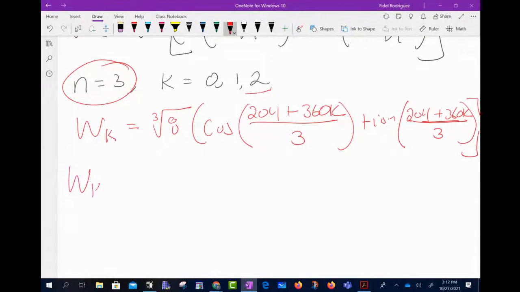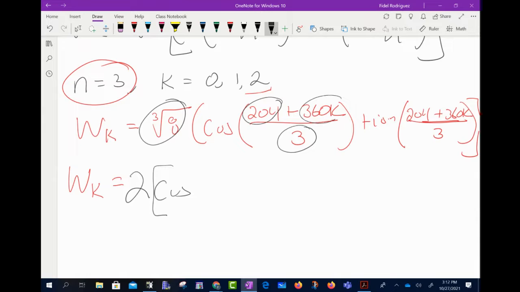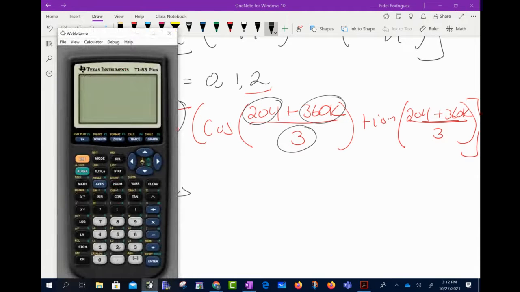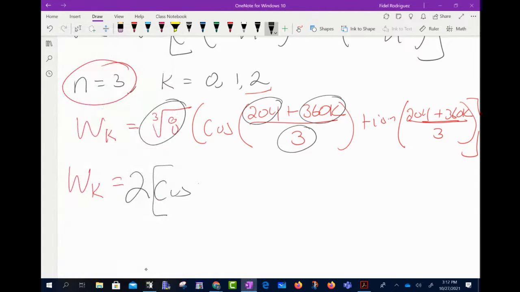I'm going to write this one using kind of a formula. First question, anybody remember what's the cubic root of 8? 2. Okay. When we have this cosine here, see how everything is being divided by 3? We can take each of these and divide them by 3. So what's 204 divided by 3? 68.